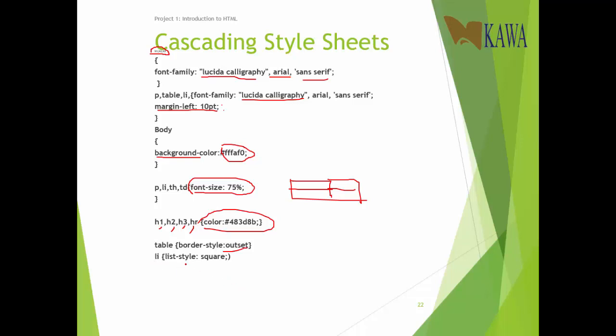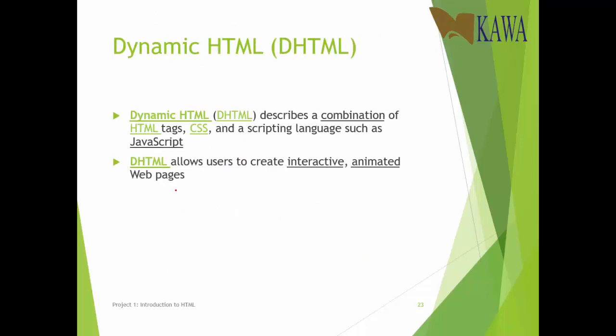And list item style, let's say you have your list, like 1, 2, 3. But if we declare the list style as a square, instead of 1, 2, 3, it will put a square like that. Are we clear? We are going to look into that also in detail.